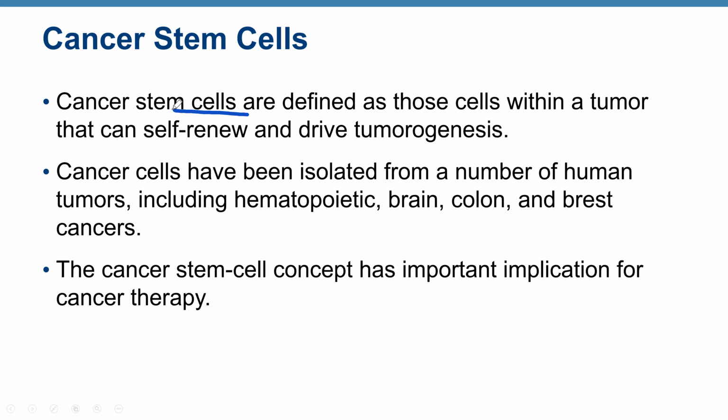In this situation, cancer stem cells can differentiate into other cancer cells. Now, cancer stem cells have been isolated from a number of human tumors, including hematopoietic, that's a cancer of blood, brain cancer, colon, and breast cancers. The cancer stem cell concept has important implications for cancer therapy.